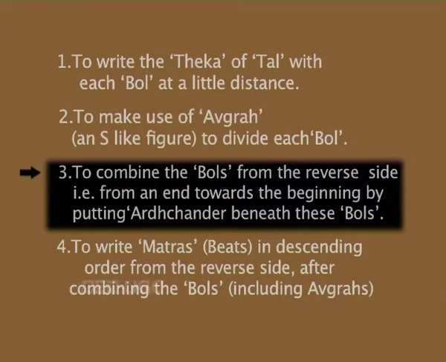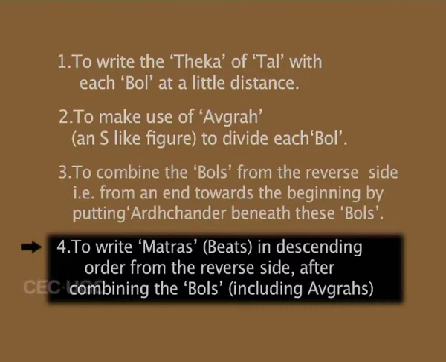Number 3. To combine the bols from the reverse side, that is from an end towards the beginning, by putting Ardhachandra, a half moon-like figure, beneath these bols. Number 4. To write matras or beats in descending order from the reverse side after combining the bols, including avgrahas.